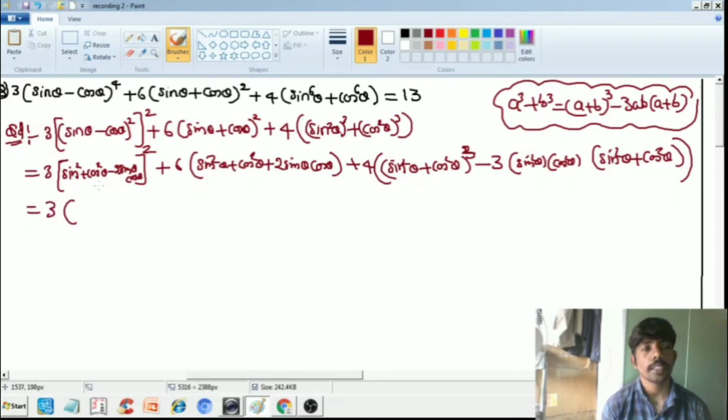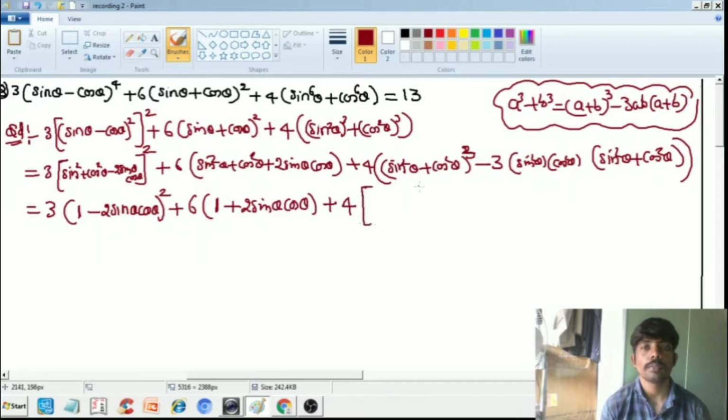Sin square theta plus cos square theta is 1 minus 2 sin theta cos theta whole square plus 6 times of sin square theta plus cos square theta is 1 plus 2 sin theta cos theta plus 4 times of sin square plus cos square is 1 cube minus 3 into sin square theta cos square theta, this is 1.